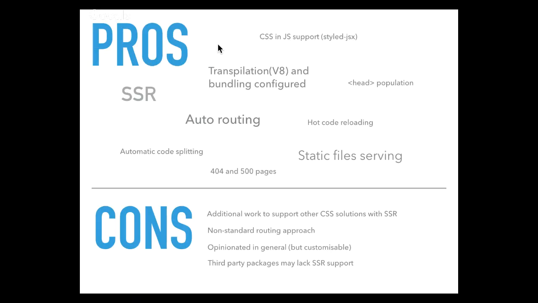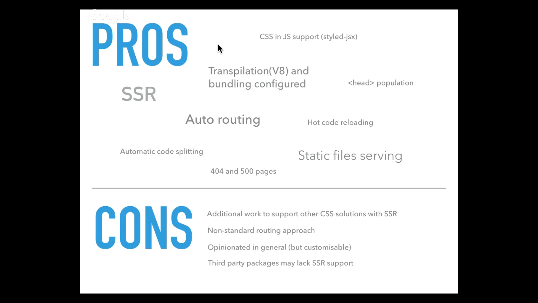I created this slide, kind of cluttered, because I wanted to put all pros and cons on one slide. One of the main pluses is server-side rendering set up, and it isn't only set up as you can do with React normally, it also gives you an auto routing feature.